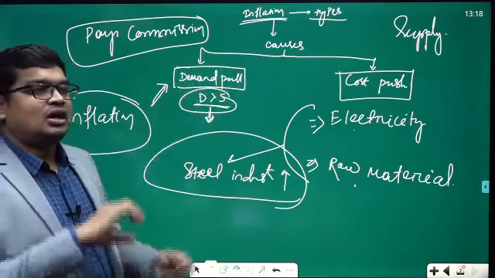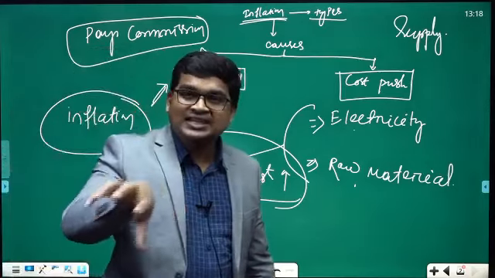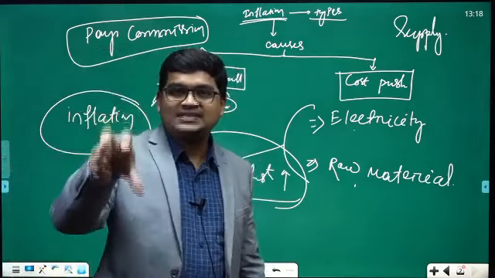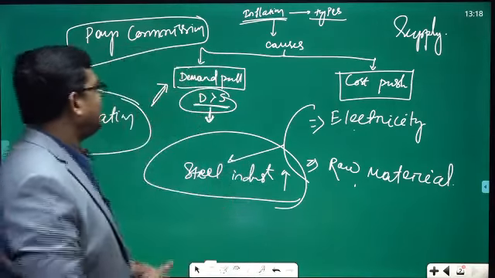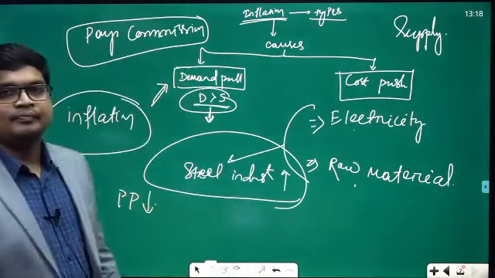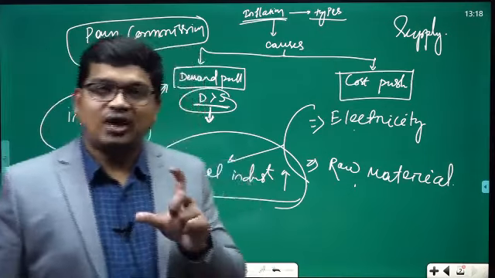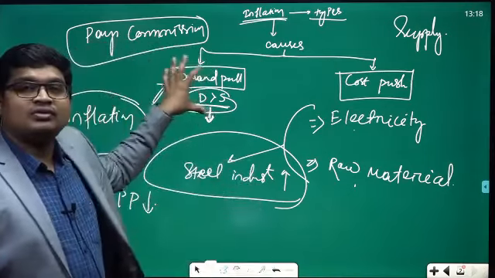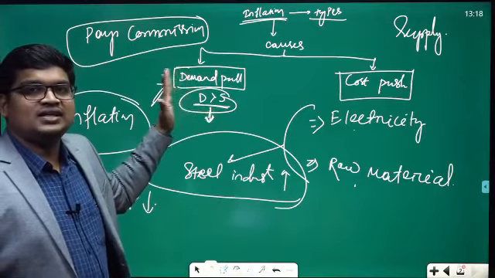How? RBI tries to control the money supply in the economy. If money supply comes down, then definitely the purchasing power of the people will come down. Clear? So RBI targets this part of the inflationary condition.